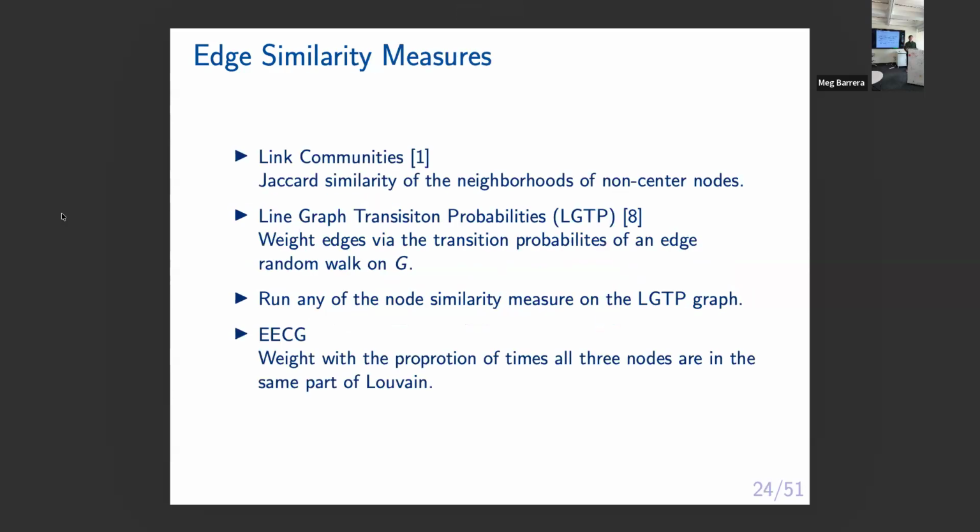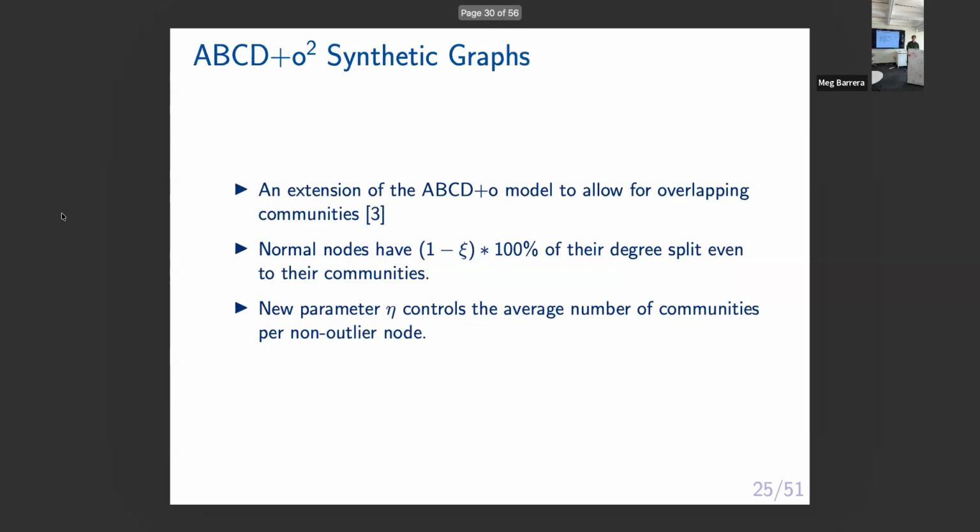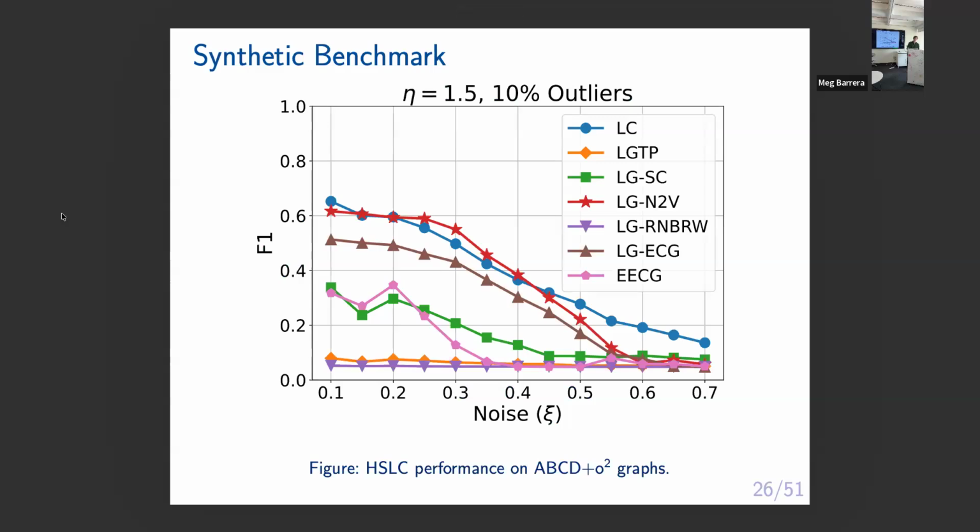Once again, there are several existing options. So let's test them to see if they do well. This time on some synthetic graphs that do have overlapping communities. And performance tends to be much worse. Actually, overlapping communities is quite difficult.